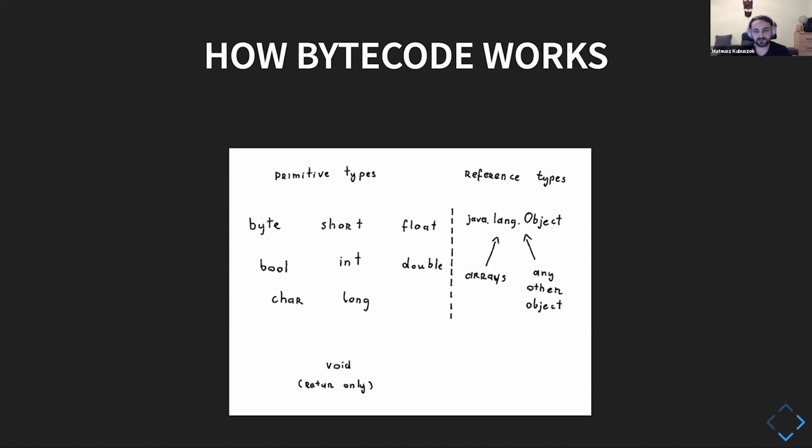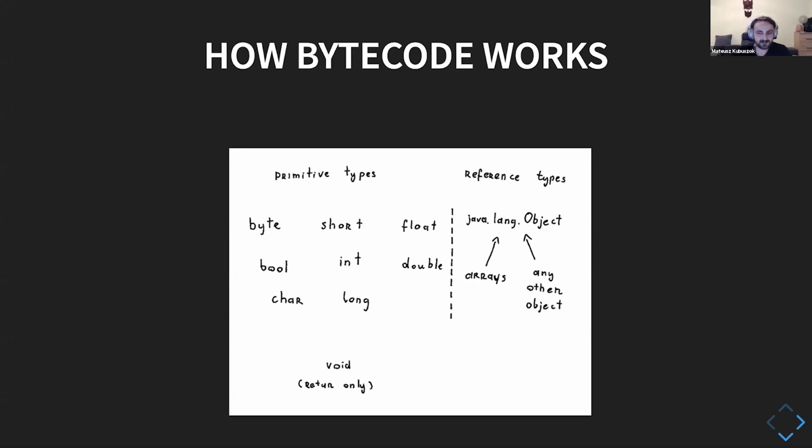Objects might have methods. So if we want to call something on them, there's a special set of instructions where we pass the object, pass the argument, and the JVM makes the call. And finally, there's also the void type on the JVM, which is kind of special because it helps us annotate methods which are not returning any value, as opposed to methods which are returning values. In Scala, we're used to the fact that we can always combine every two functions.